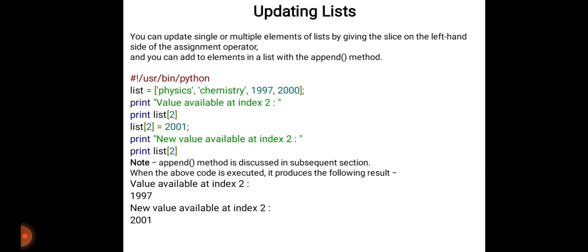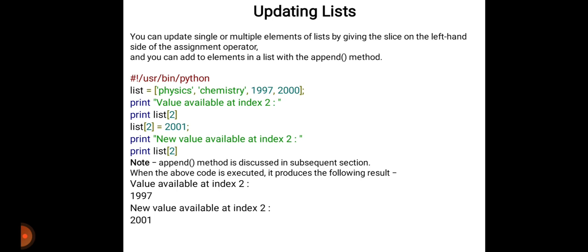You can also add elements to a list with the append method. The append method we have already studied in the introduction to Python. Append has two small brackets.